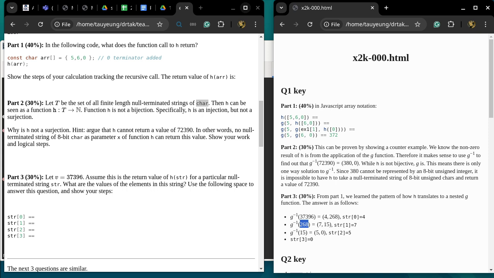And then you apply G inverse to 15, which then gives you 5 and 0. The 5 is the last character that is not a null terminator, and then the very last one is the null terminator. So basically, you have to apply G inverse multiple times, pick out the first item to be the character, and then the second item you apply G inverse again, as long as it is not 0.